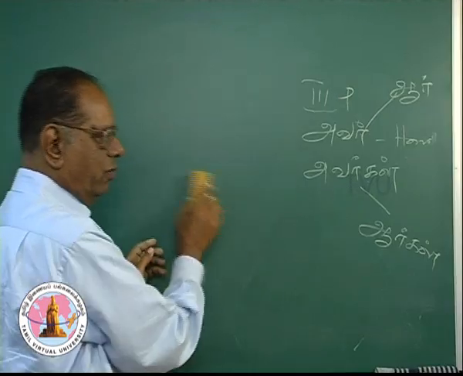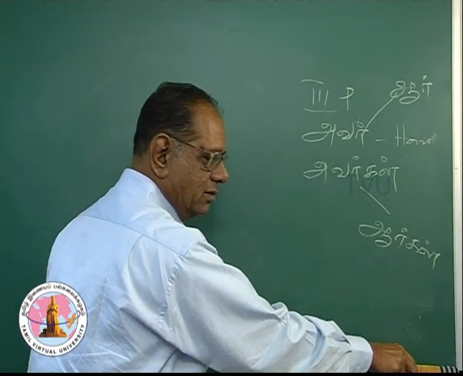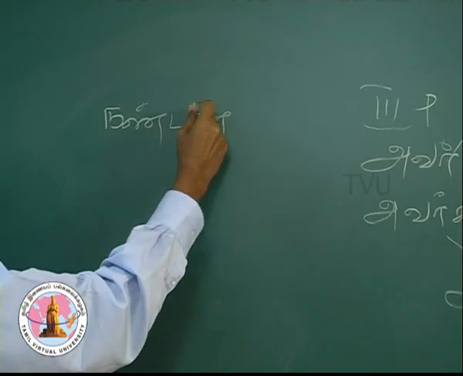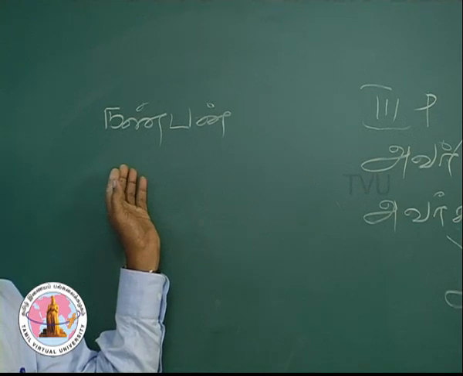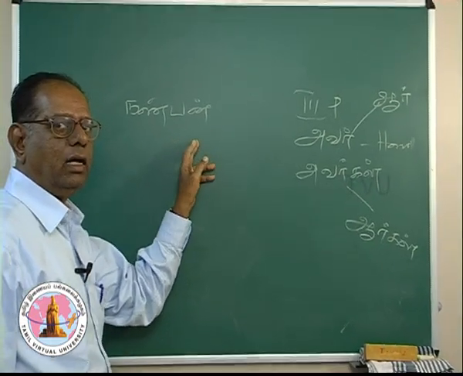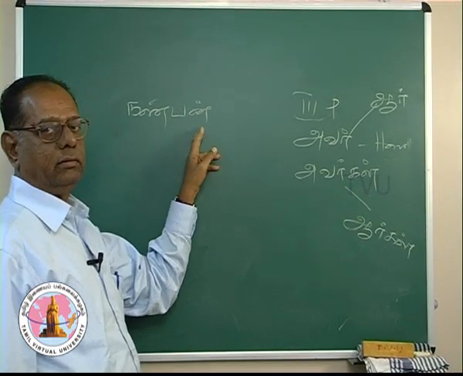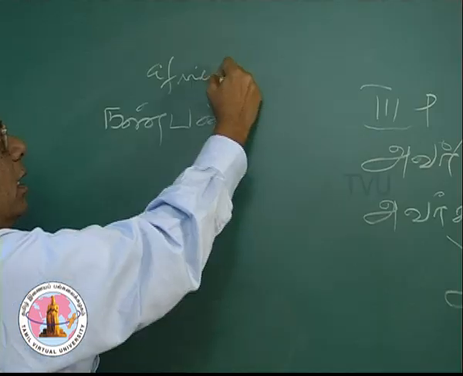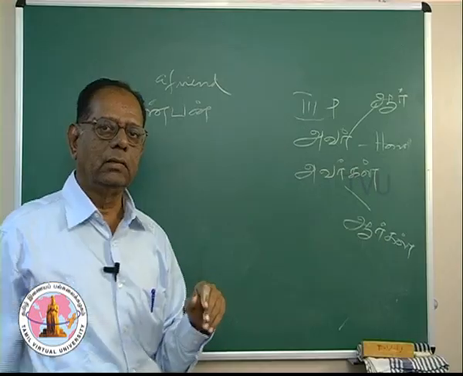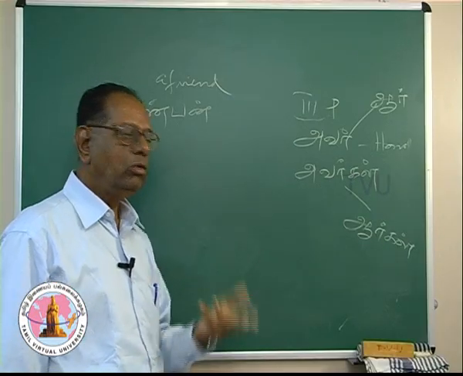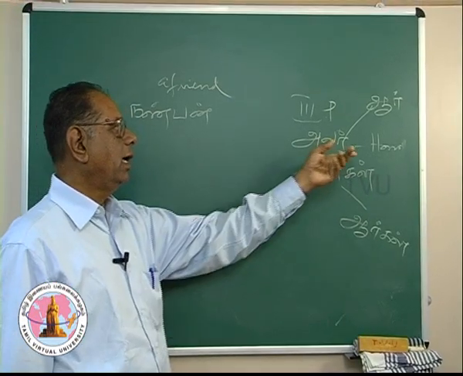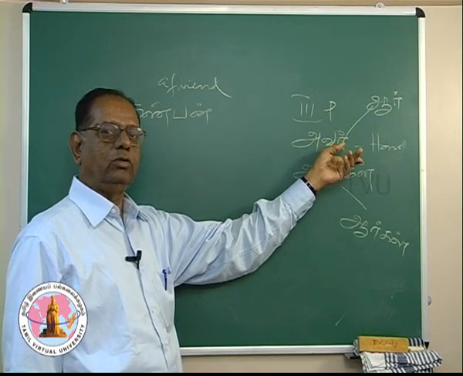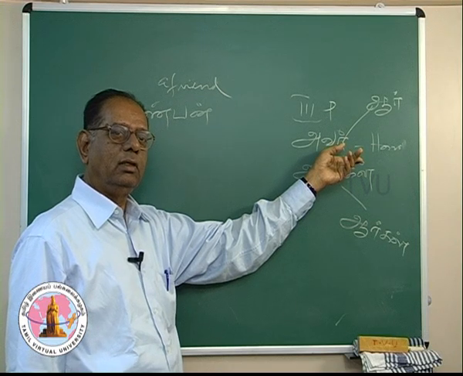Let us make use of these suffixes with verbs. Nanban is a friend. You know you have an honorific term to denote a third person.